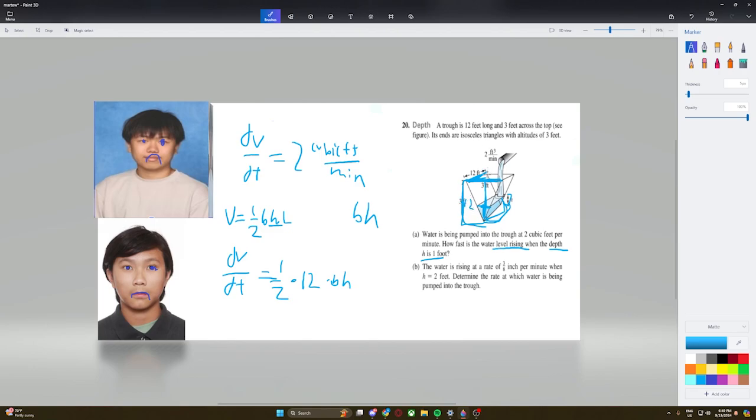Okay, so could I also assume this is a square and therefore this hypotenuse is 12? And so this triangle and this triangle here.